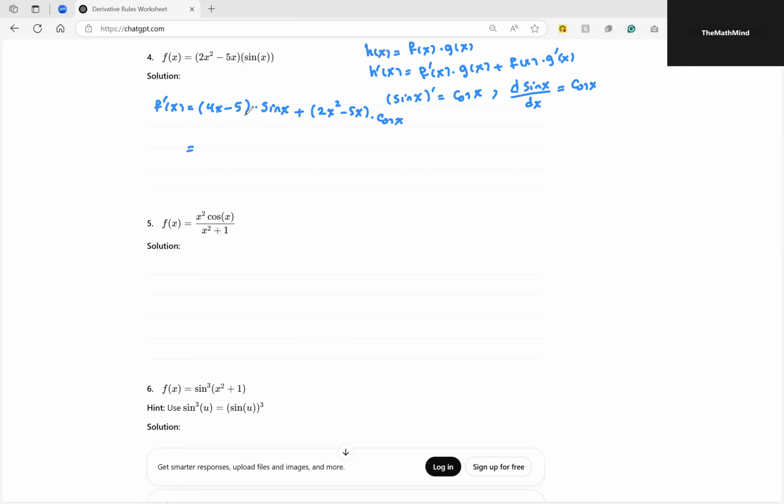You can expand both brackets to find the final answer, but this answer also will be acceptable because there is no more simplification that you can apply here. You can just expand the brackets and that's it.